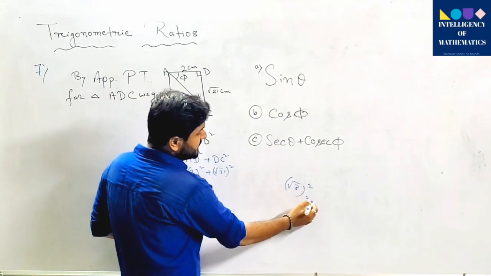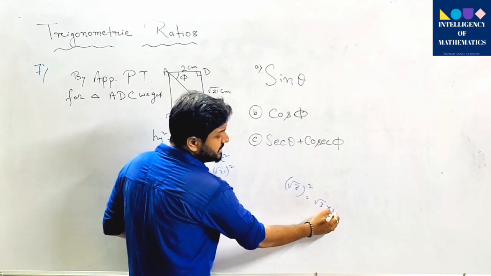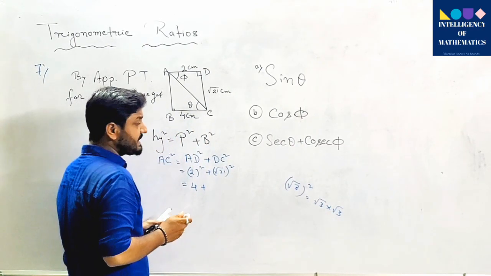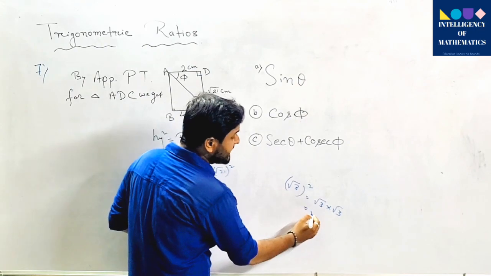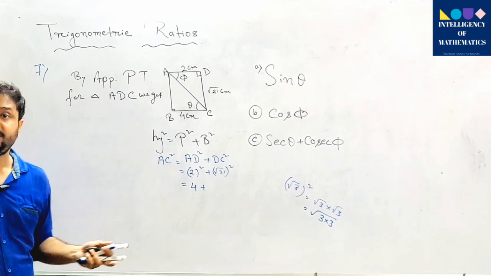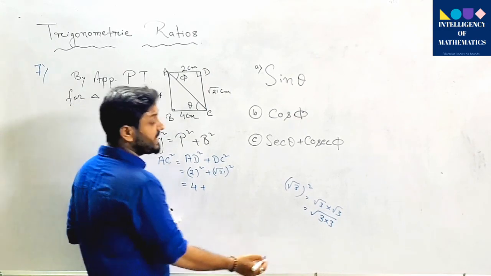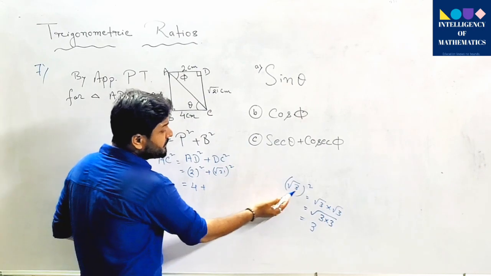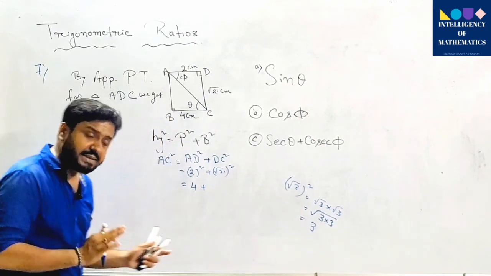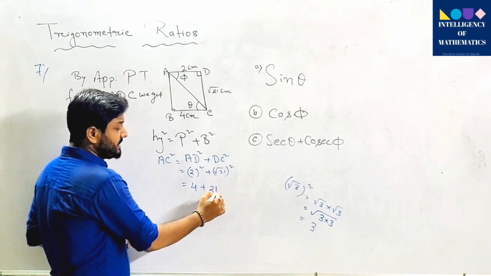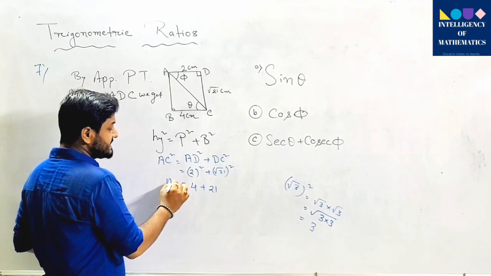Root 3 square will be root 3 into root 3. This root 3 into root 3 can be written inside the same root. This root is known as square root, and we know the rule of square root is that if 2 times inside, 1 time it comes out. So root 3 square is 3. Similarly, we can say this root 21 square will be only 21, and this is AC square.